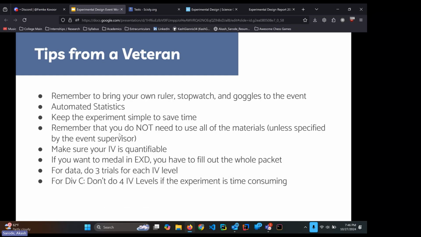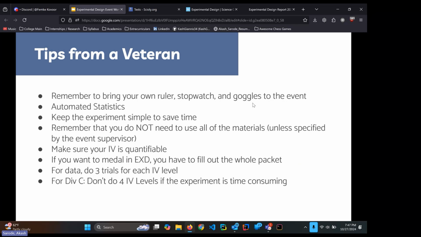And yeah, some tips that I have is to remember to bring your own ruler, stopwatch, and goggles to the event. This is because in the experimental designs rulebook, they say that you're allowed to bring these three materials, and a lot of the time the event supervisor is not going to provide these materials for you.